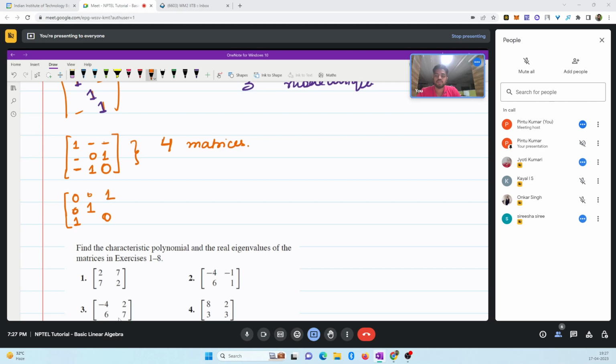Then again you have 4 places, right? These 4 places. And with 0 0 1, you can place 1 over here, 1 over here. Then you get 4 places, right?